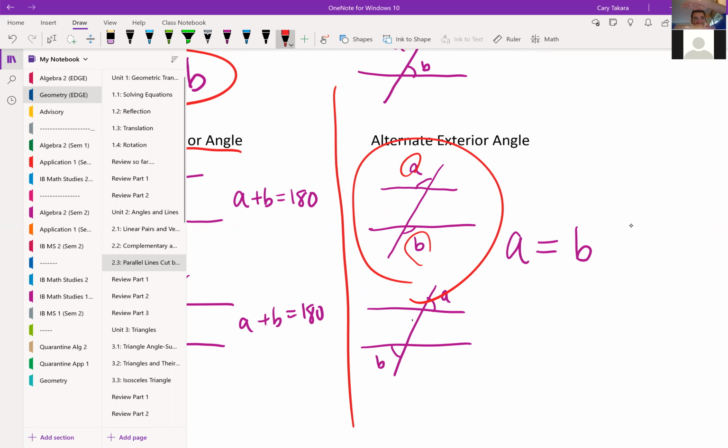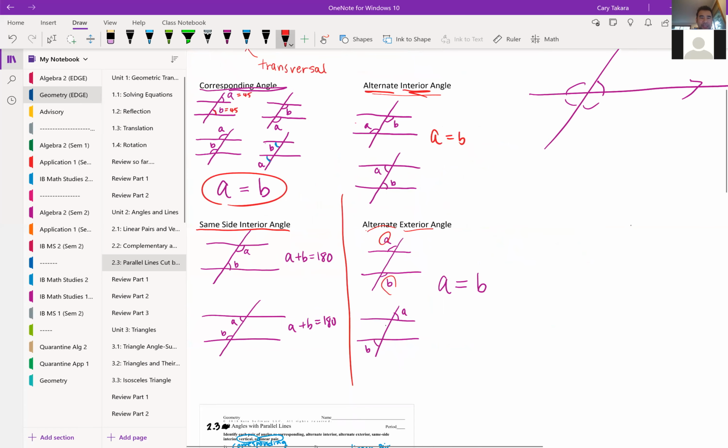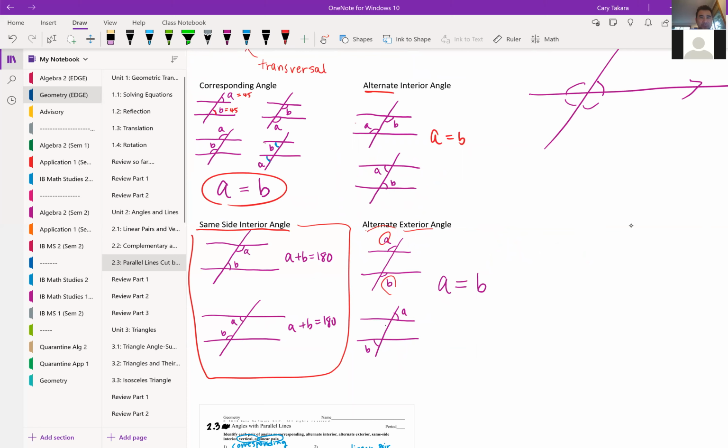B is also outside of the parallel lines. One is on the left side, one is on the right side. So that's alternate exterior angles, and they are again equal to each other. The only one that will add up to be 180 is same side interior angles in all these four concepts that we've talked about yesterday.